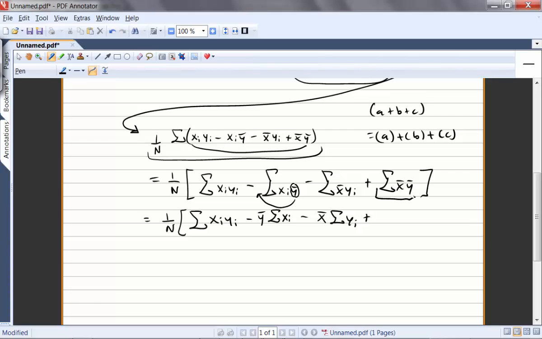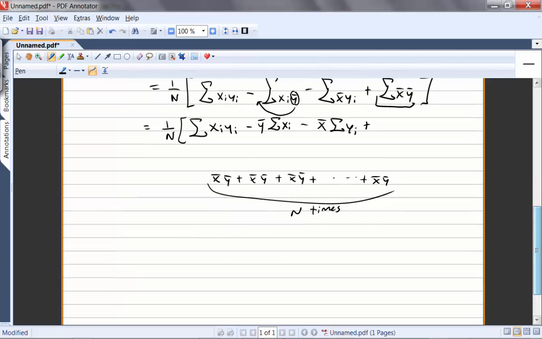Now, what about this term? This is really x bar y bar, if we wrote it out, plus x bar y bar, plus x bar y bar, plus, and you do it n times. Right? What's common to each of these terms? X bar y bar is common.